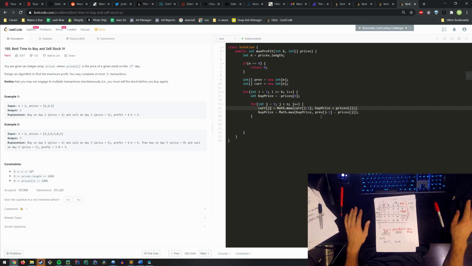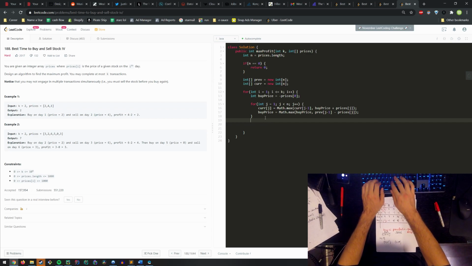What is that? Well, we're making sure that whatever is greater, this value one to the left, or basically selling at this value, whichever is greater, that's what we want to have as the max profit for this level.